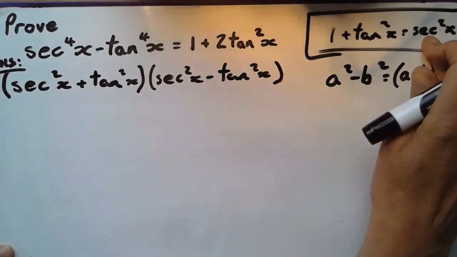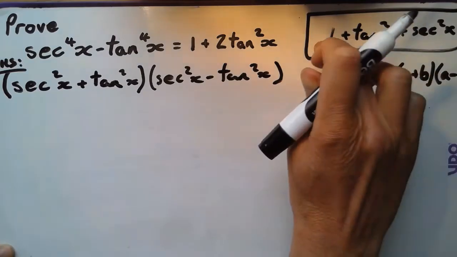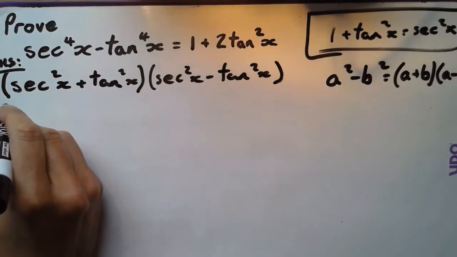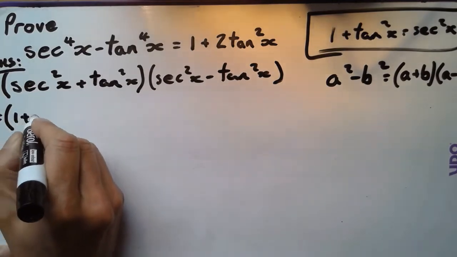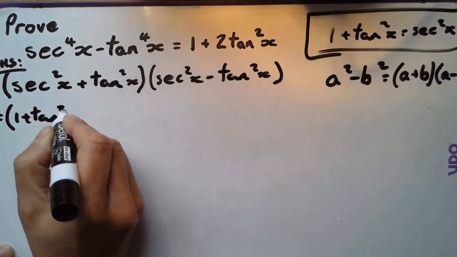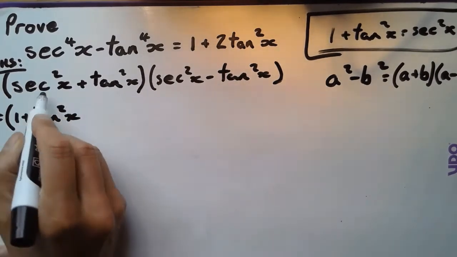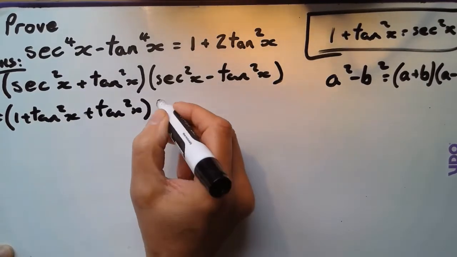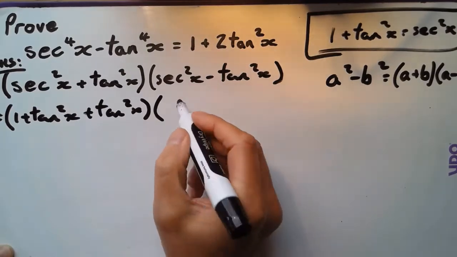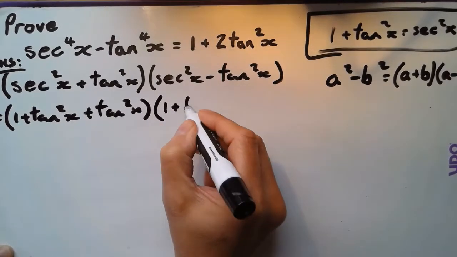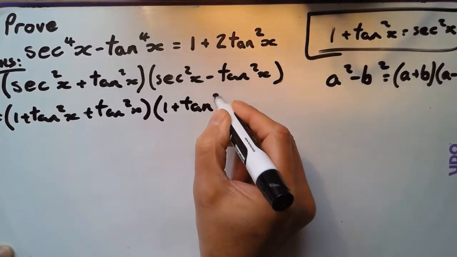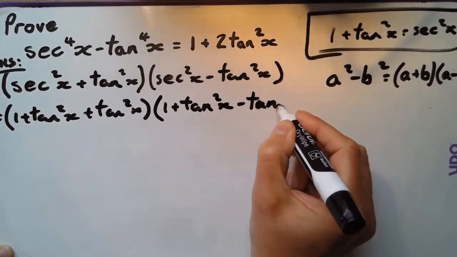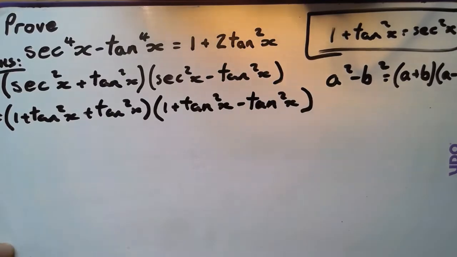Yes, I can, because I know that sec squared of x is equal to 1 plus tan squared of x. So I'm going to write this as 1 plus tan squared of x plus tan squared of x, multiplied by 1 plus tan squared of x minus tan squared of x.